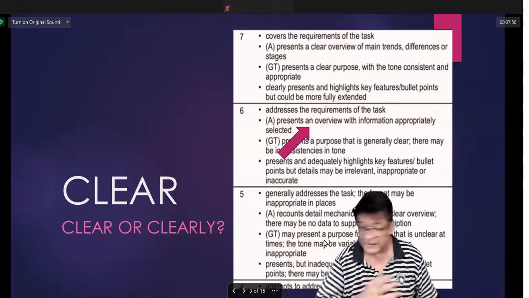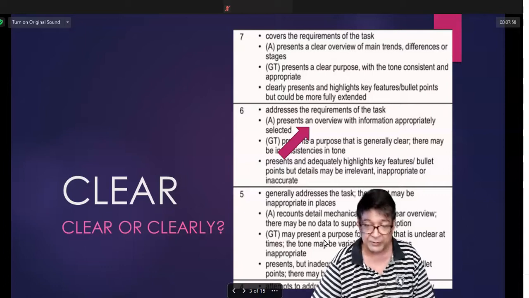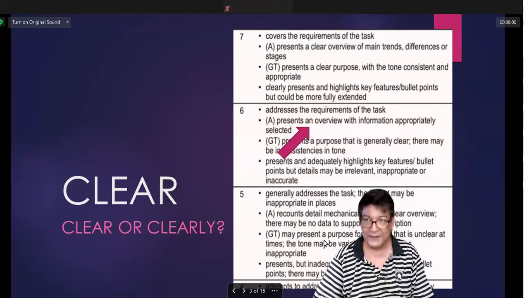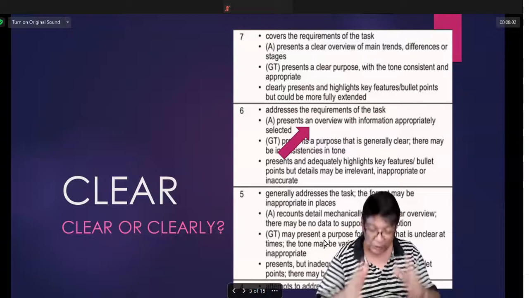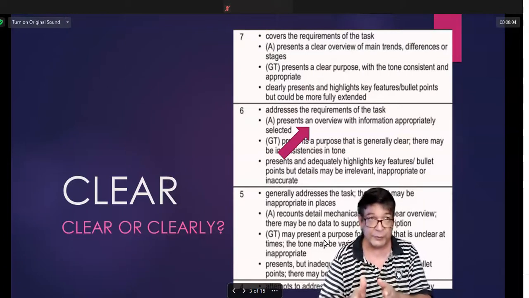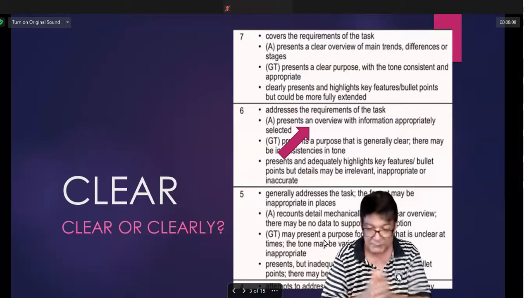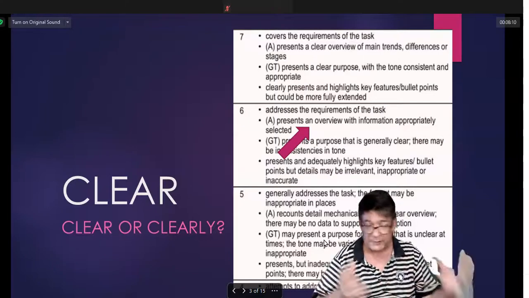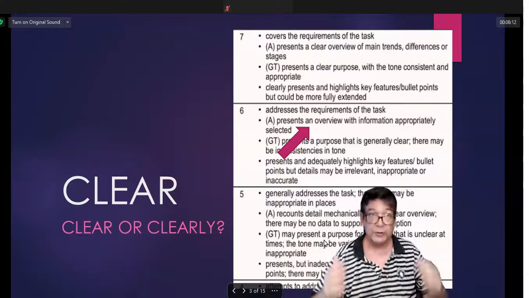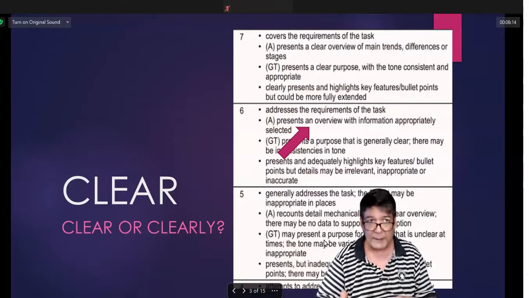Now, I think that, of course, everyone should try to write clearly and, of course, show that your overview is your overview by saying it's clearly my overview, by using things like overall. So does it mean one or the other? Not important. Do both.